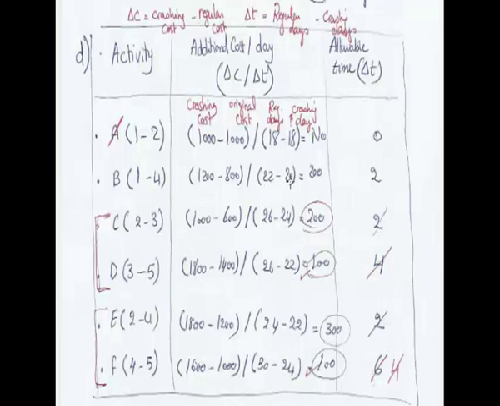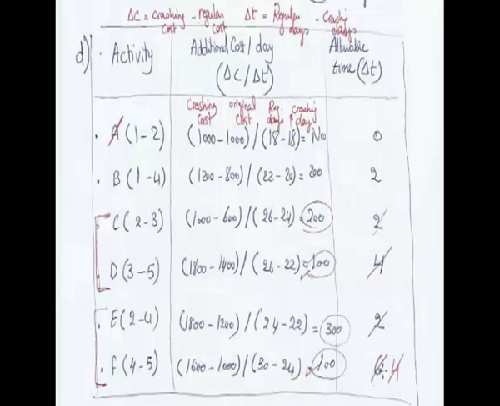In B, 22 minus 20 equals 2, and in C, 26 minus 24 equals 2. In D, 26 minus 22 equals 4. E, 24 minus 22 equals 2, and in F, 30 minus 24 equals 6. Ignore this amount, it is for the next tables.